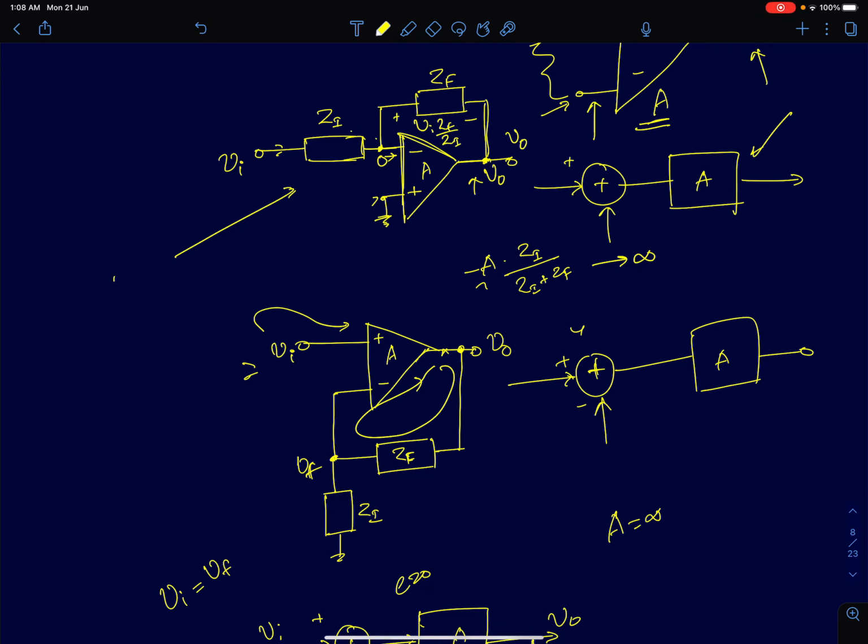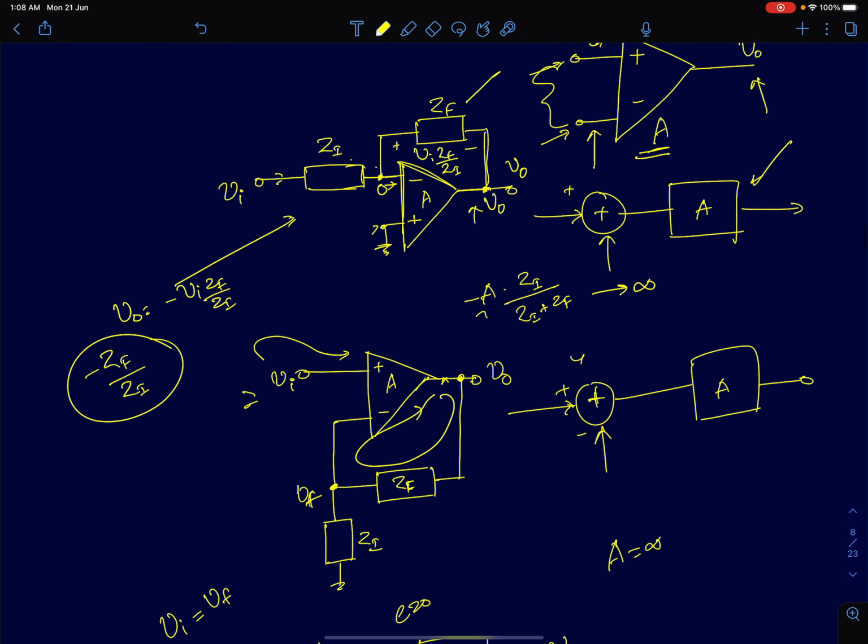Since we saw V0 is minus of Vi into Zf by Zi, the voltage gain will be minus of Zf by Zi. I can replace this impedance Zf with capacitors, inductors or resistors and get transfer functions of different frequency responses. Since there is a negative sign here, we call it an inverting amplifier.